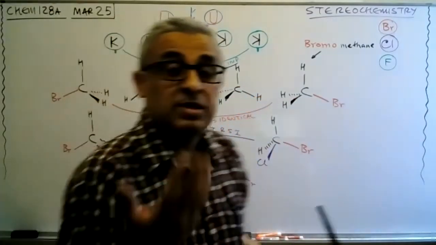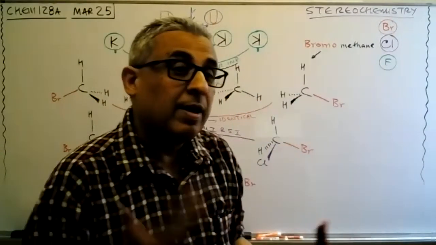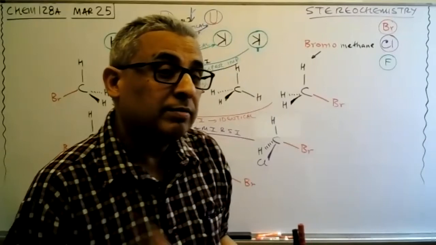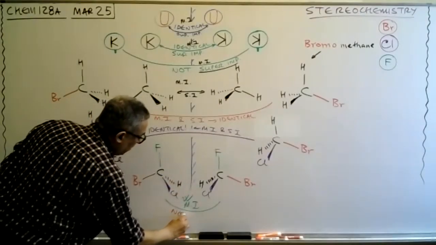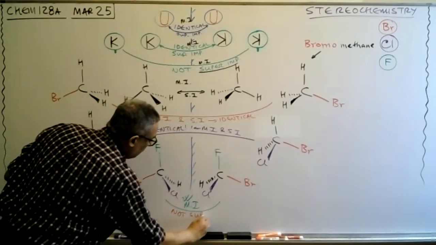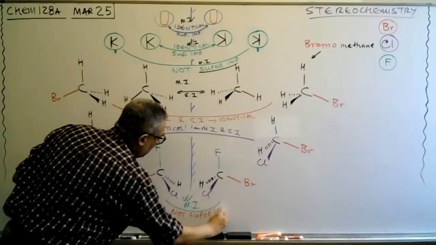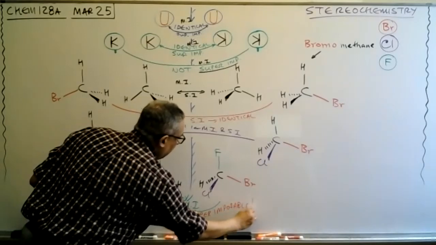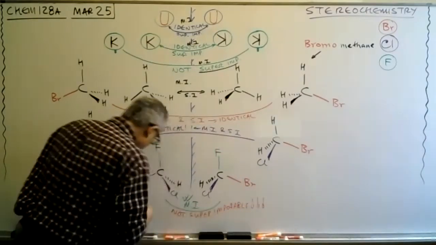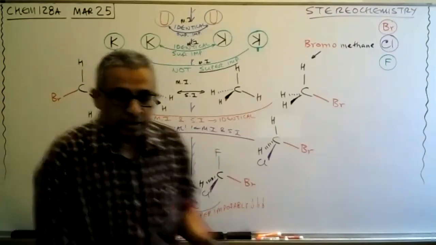So what's the outcome? Are they superimposable or not? No. They're not superimposable. So they are mirror images, but not superimposable. And that's a big deal. Why are they not superimposable? There is no symmetry.